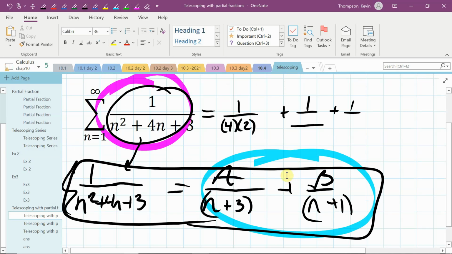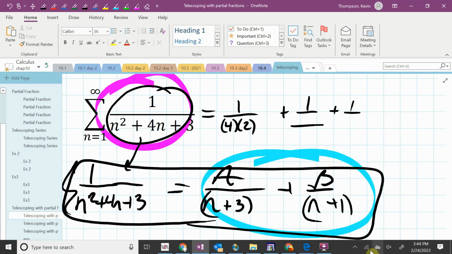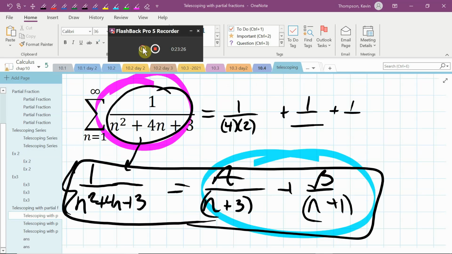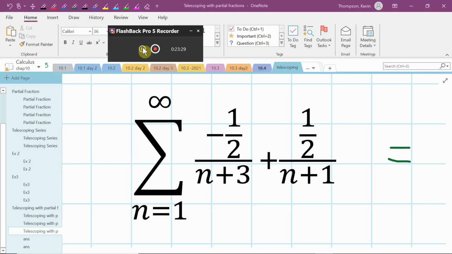That's the benefit of thinking of it as telescoping. A is negative 1/2 and B is positive 1/2, which means it's this summation that we're after.